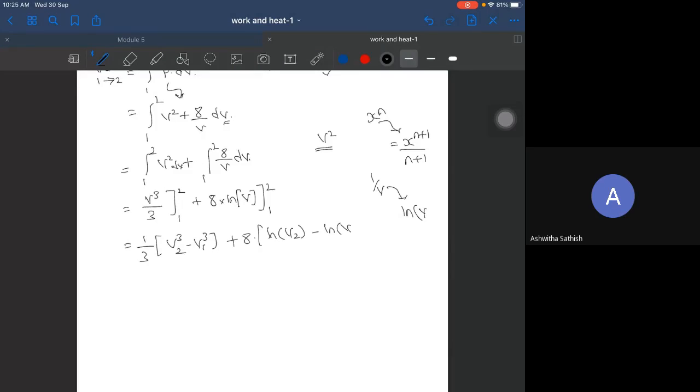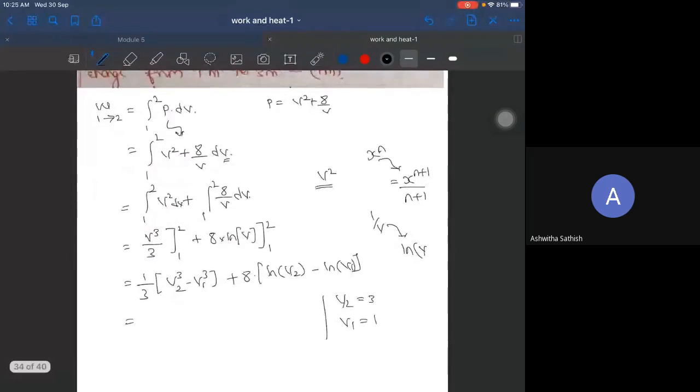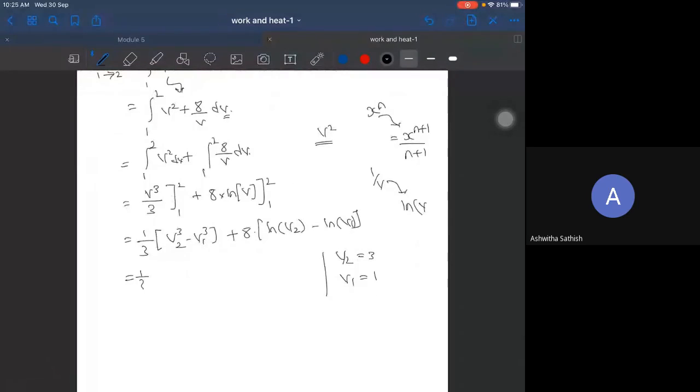In the problem, he has clearly specified the value of V2 and V1 as initial and final volumes. Initial volume is 1 meter cube and final volume being 3 meter cube. Just substitute: 1 by 3 into 3 cube minus 1 cube plus 8 into ln of 3 minus ln of 1. So that gives your work done from 1 to 2, I guess. Give me the value.